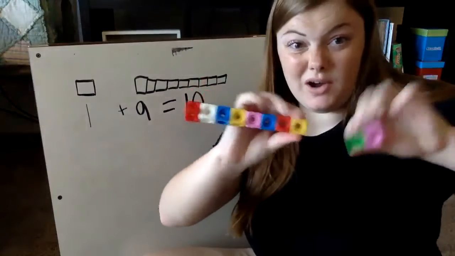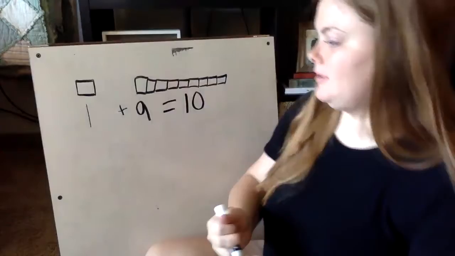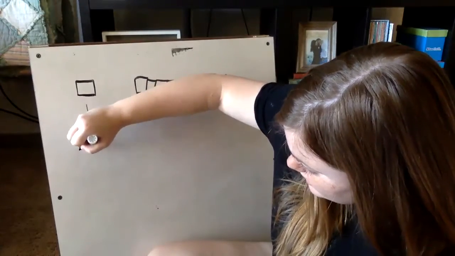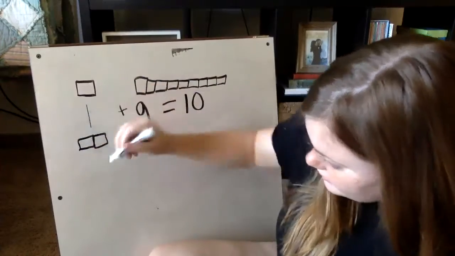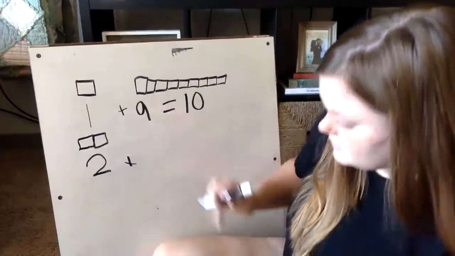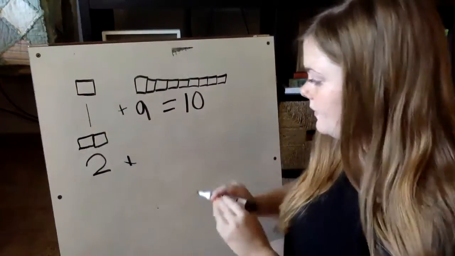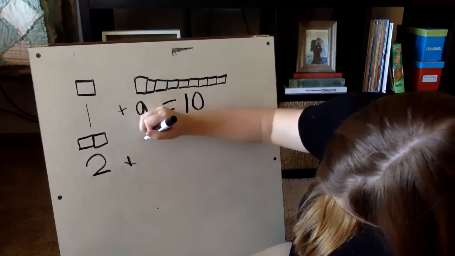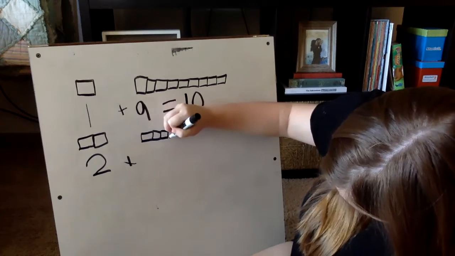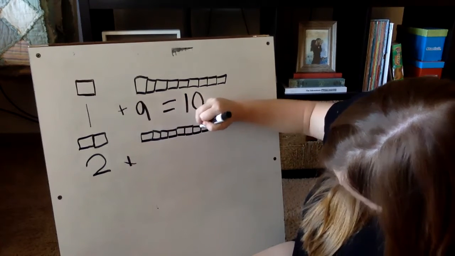Okay, what if I take 2 off? Is it still the same? Let's see. I'll draw my 2 squares over here and write my number 2, and then plus, let's see, 1, 2, 3, 4, 5, 6, 7, 8.